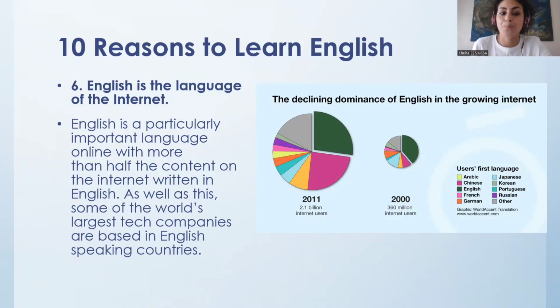English is particularly important online, with more than half of the content on the internet written in English, and many of the world's largest technology companies are based in English-speaking countries.